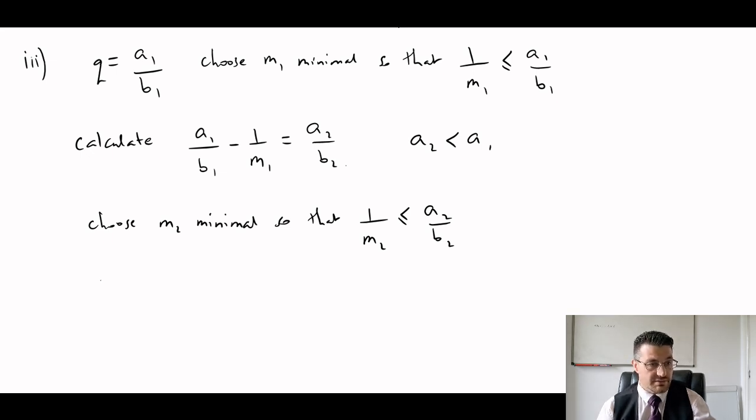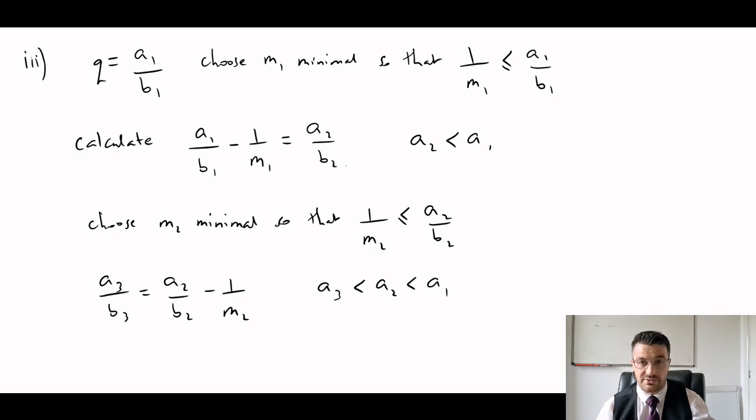And then A3 over B3 is, you guessed it, A2 over B2 minus 1 over M2. And we have that A3 is less than A2 is less than A1. And notice that it's less than, not less than or equal to. And this is what is going to allow us to show that this always works, and it finishes within a finite time. Okay, it's this strict sequence of inequalities.